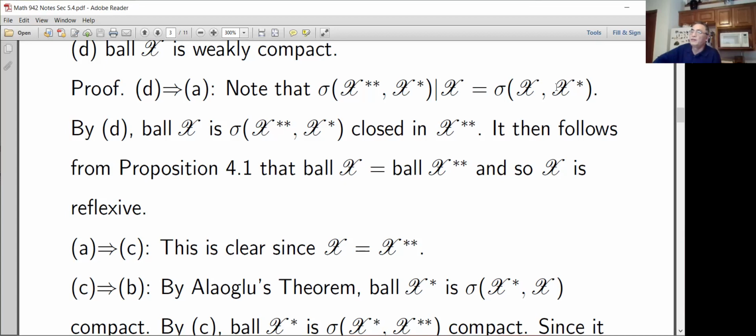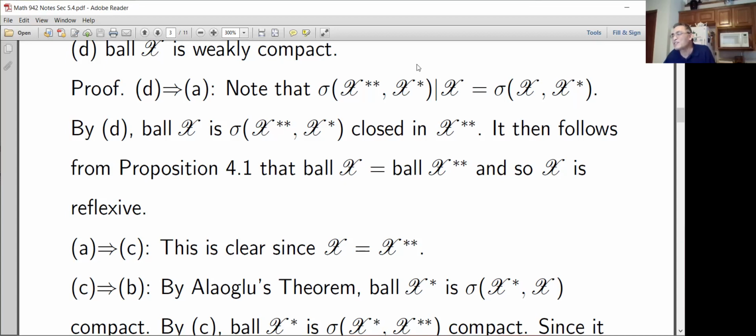By D, ball X is weakly compact. Weakly means the weak topology, which just means this topology of X. So assumption D says ball X is compact in this topology.